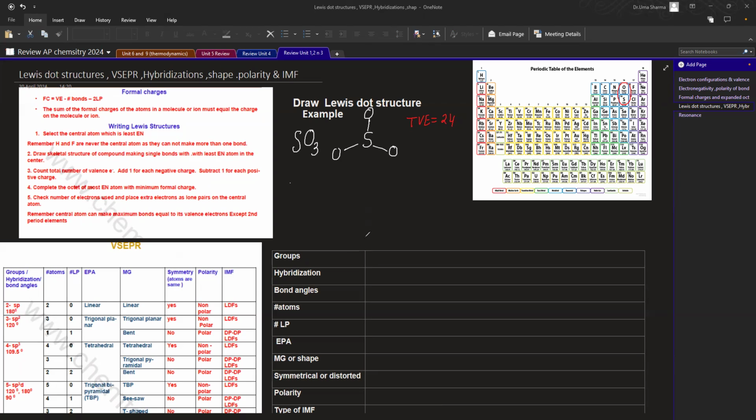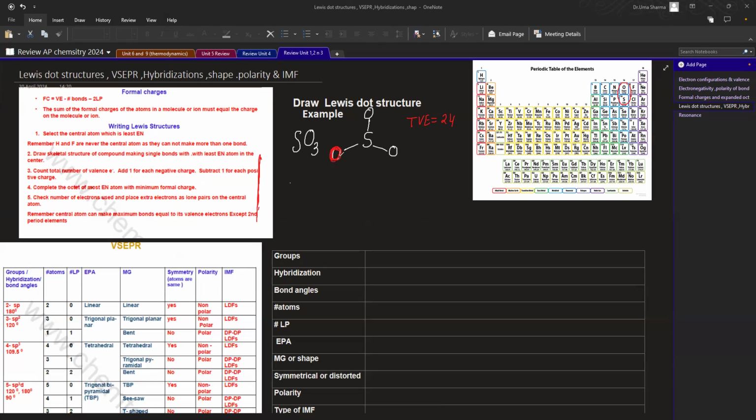How many maximum bonds sulfur can make and how many maximum bonds oxygen can make? Sulfur first. How many maximum? And oxygen? Now focus on oxygen, because you have to complete the octet of the more electronegative. The rule is saying that.